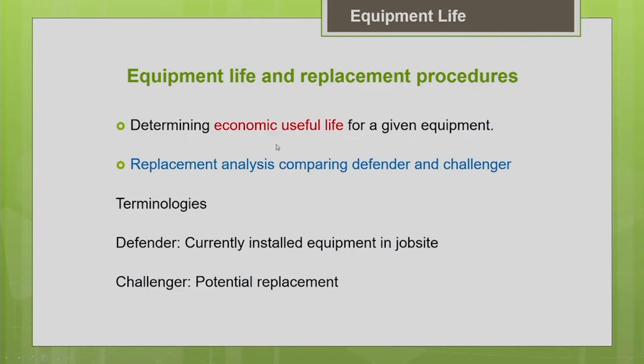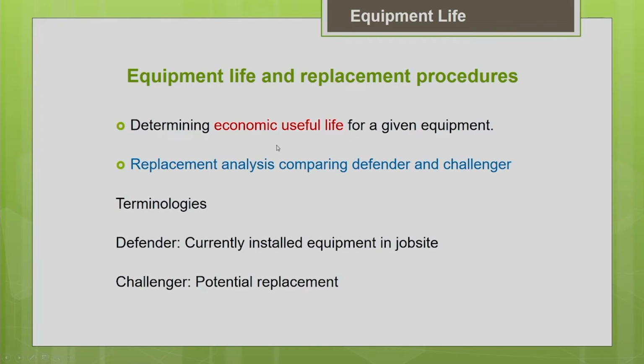If you are going to optimize production with respect to cost, we talk from the minimum cost point of view. If you are going to optimize the production with respect to profit, then we have to talk from the maximum profit point of view. In that case, we define the economic useful life from a profit perspective. That means the economic useful life is a time period during which the profit will be maximum for the particular machine.